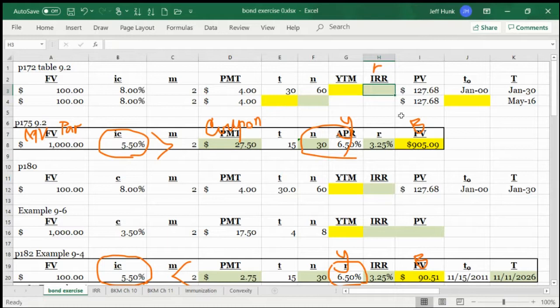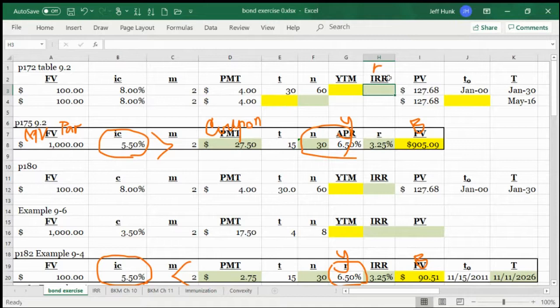So now we can find in this case the periodic rate. You know what periodic rate is? It's the actual rate that gets compounded. In bond context, the periodic rate is not automatically the internal rate of return, but in the bond context, it's the internal rate of return.